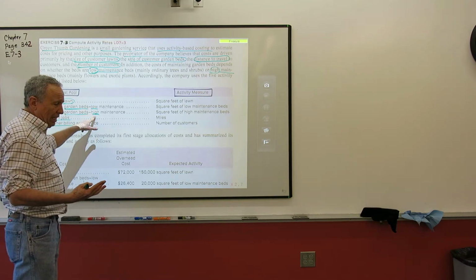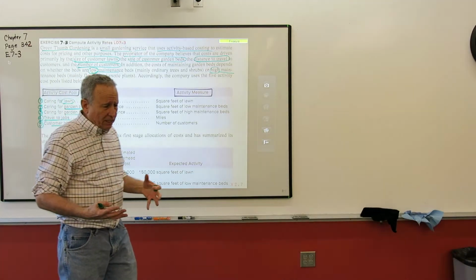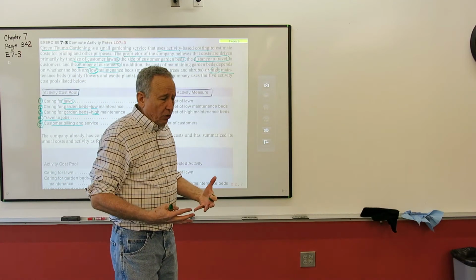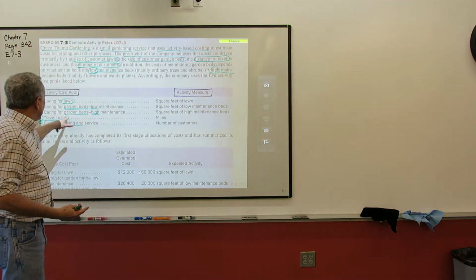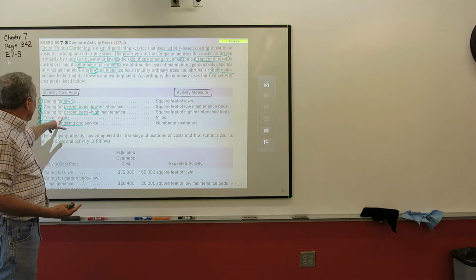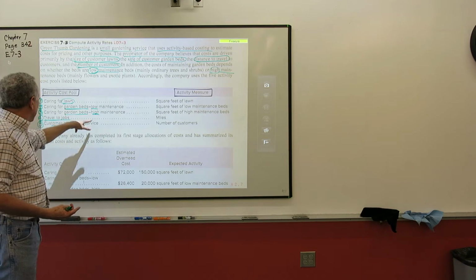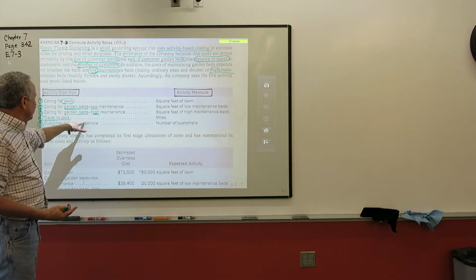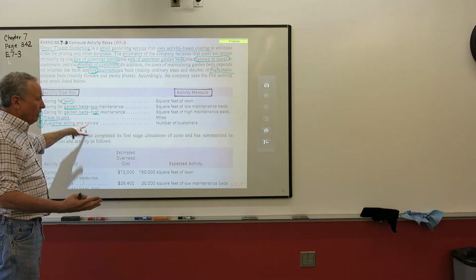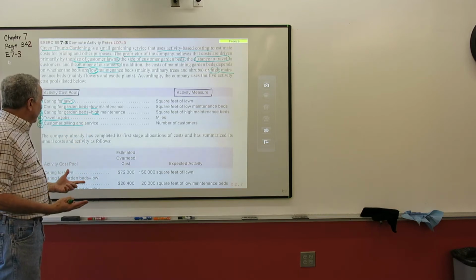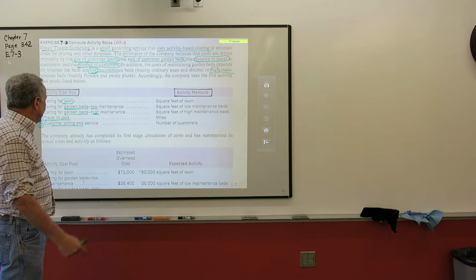For garden beds, high maintenance, he has to have all the same things, but let's say more exotic chemicals and longer hours, and they have to de-weed them more. Travel to jobs, he's got to have a truck and a trailer, and maintenance of tires and gas. Customer billing, he has to have his wife, a Xerox machine or a copy machine, a printer, toner, an office area, computers and ways to talk, phone.